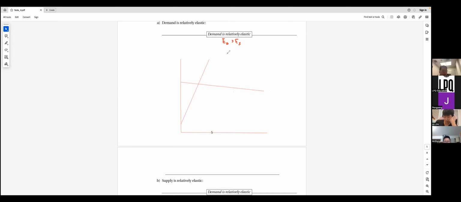Consumers are more sensitive about price change. So you find the E number one here, right? E number one here, with the corresponding price. And here is the quantity.